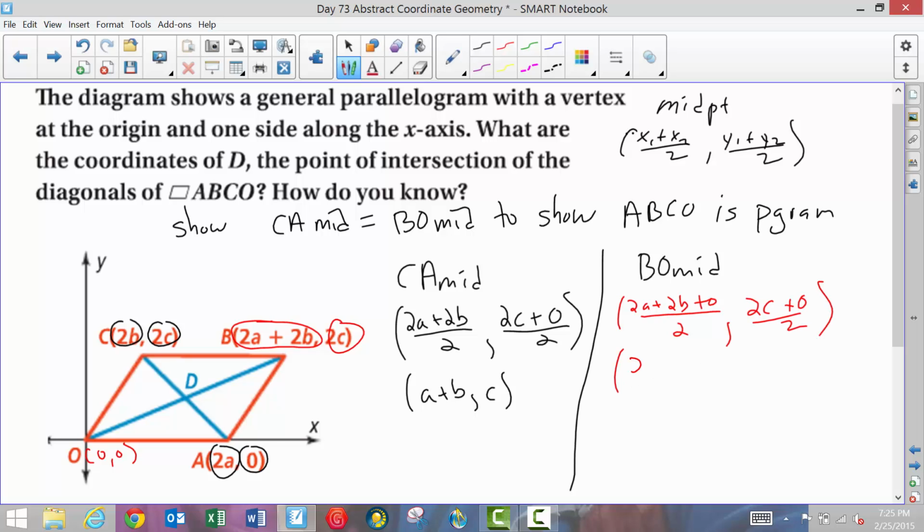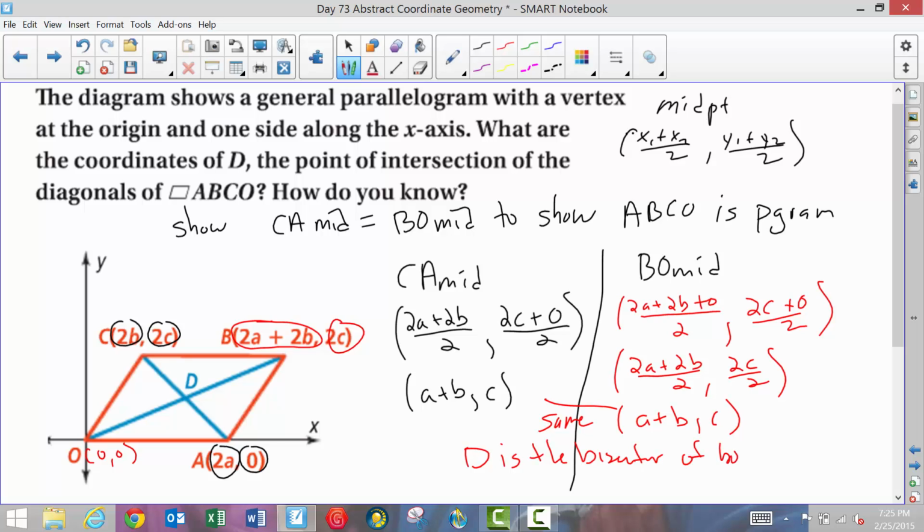This gives 2A plus 2B over 2, comma, 2C over 2, which reduces to A plus B, comma, C. And notice that they are the same. So D is the bisector of both BO and AC.